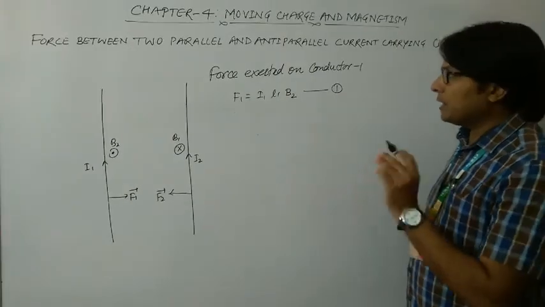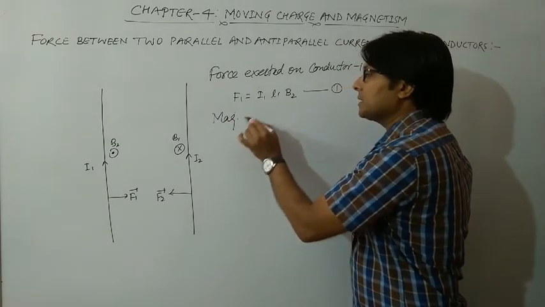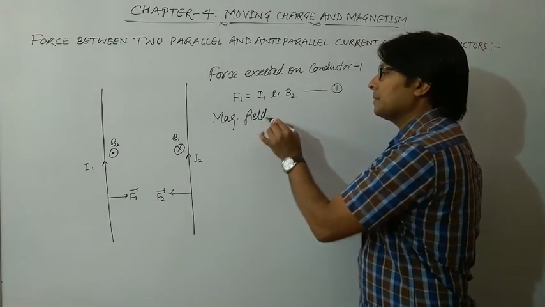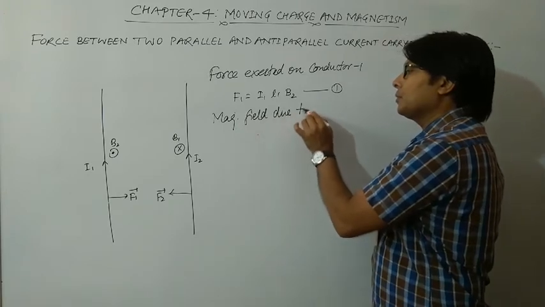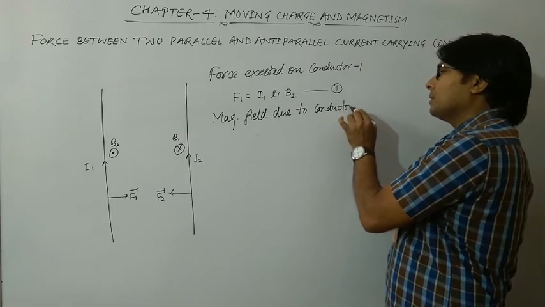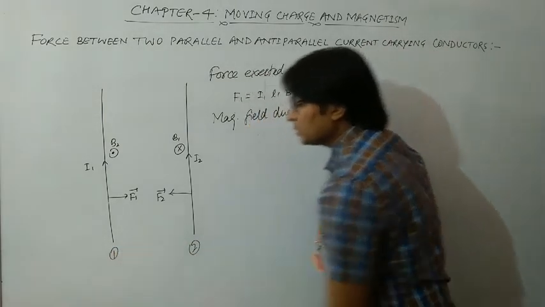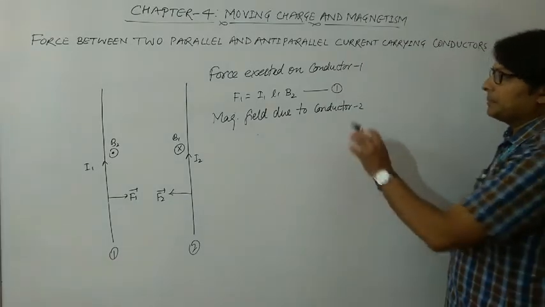Now can you put the value of B2 here? Yes, magnetic field due to conductor 2. This is conductor 2. In fact, this is conductor 1. So you need not be confused here.